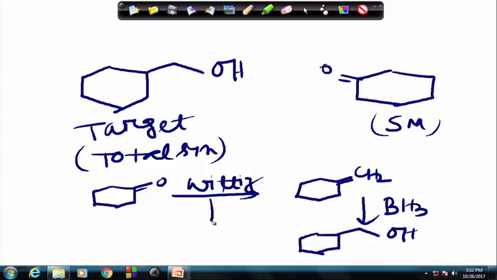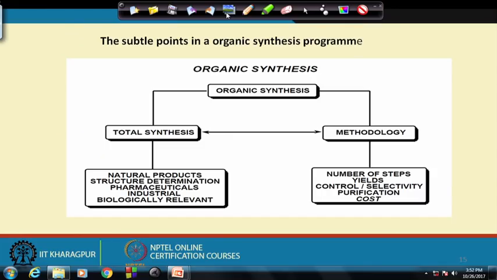Now, this Wittig reaction is a single step transformation, basically a methodology, but a very useful methodology. Hydroboration is a methodology. So, by using these methodologies you are getting a target molecule. So, this is the interlinking between the methodologies and the total synthesis. That is why these 2 terms are interlinked.